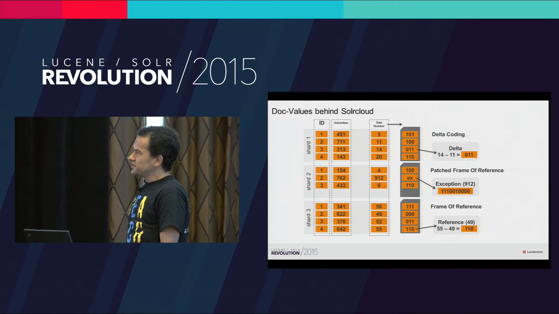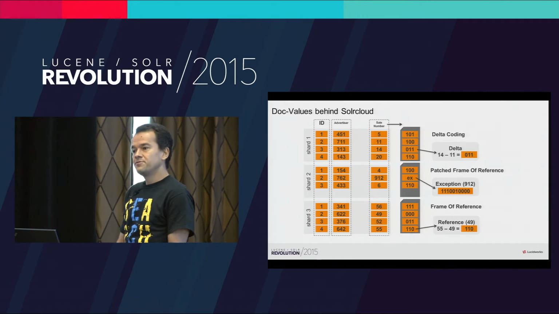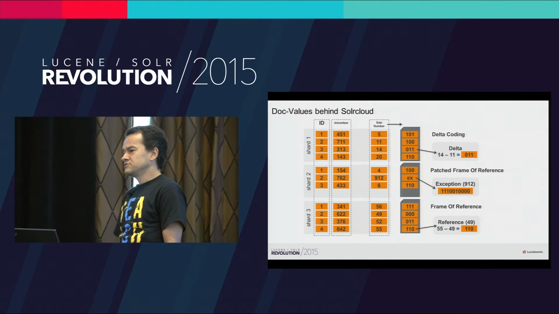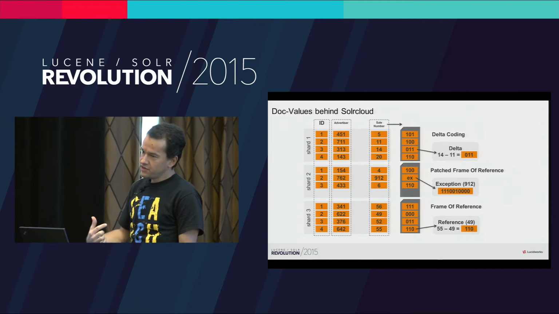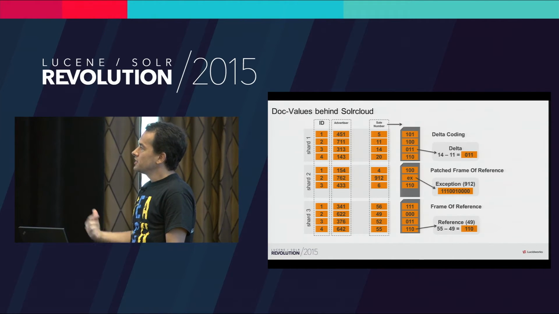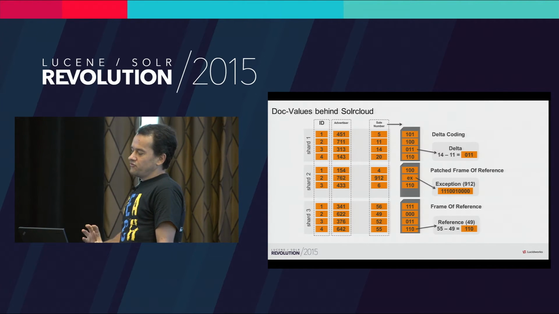And what are the doc values? In the previous talk, Yonik explained very well that it's a column storage that you have in Lucene, and you have that also in SolrCloud. And on this slide, I was presenting a few more details.